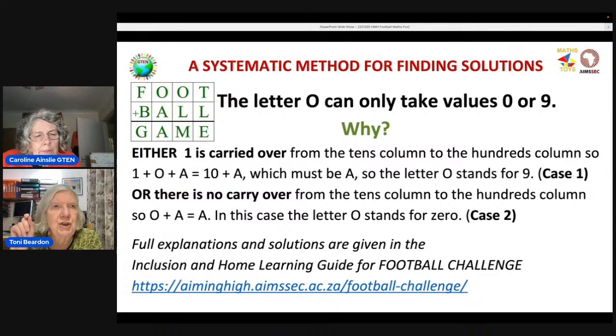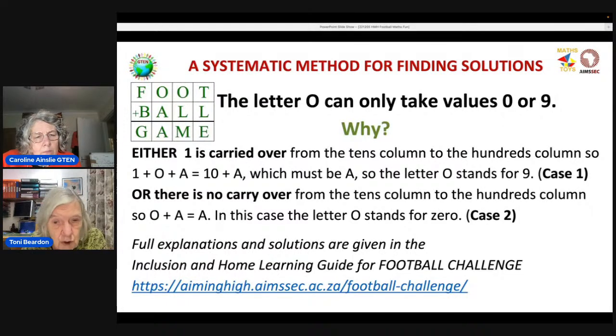It's all to do with carrying numbers over when you add up, whether you carry over from the units to the tens or from the tens to the hundreds column. So either one's carried over from the tens column to the hundreds column, or it isn't. And there are 2 possibilities. In one case, the letter O stands for 9, and in the other case it stands for 0.